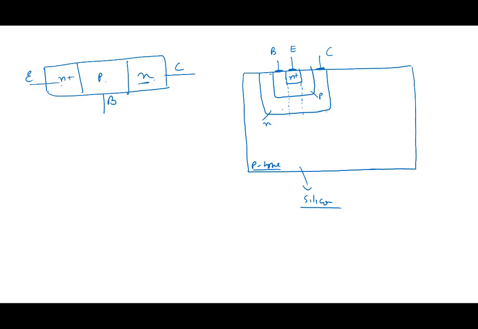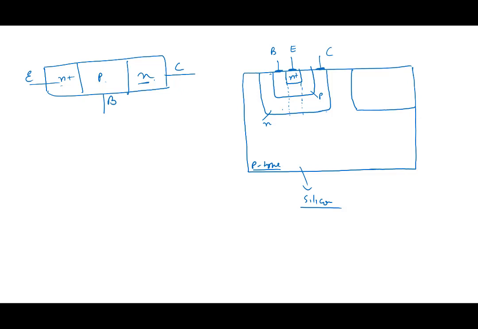Now you may be wondering, why do I make P? Now this is one transistor. Let's say this is Q1. So let me make another transistor here.